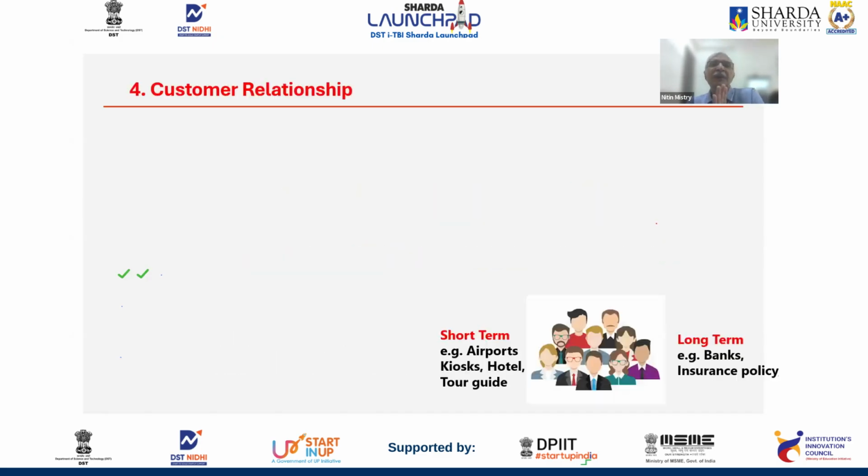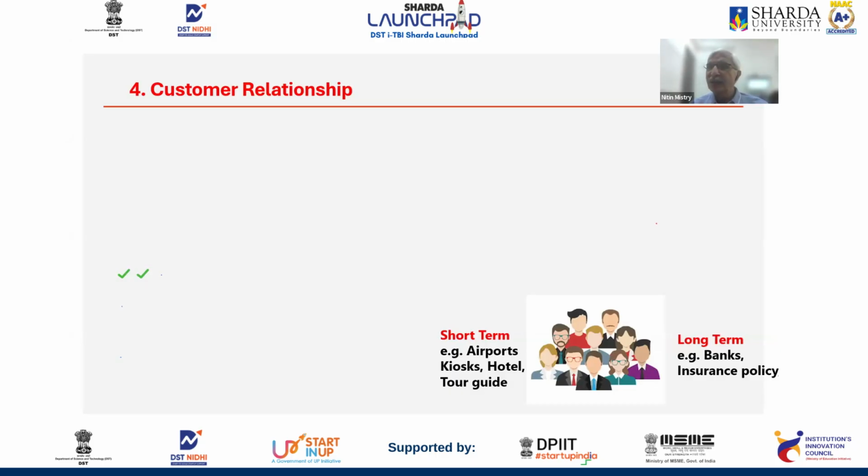So when we talk about customer relationship, there are two kinds. One is short term, another is long term. What is short term? When you go to the airport, when you travel, your relationship with the airlines or the airport authorities is short. When the journey is over, the relationship stops. Kiosk. When you do anything on a kiosk, maybe a supermarket kiosk or airport or anywhere, it is only for that function or transaction.